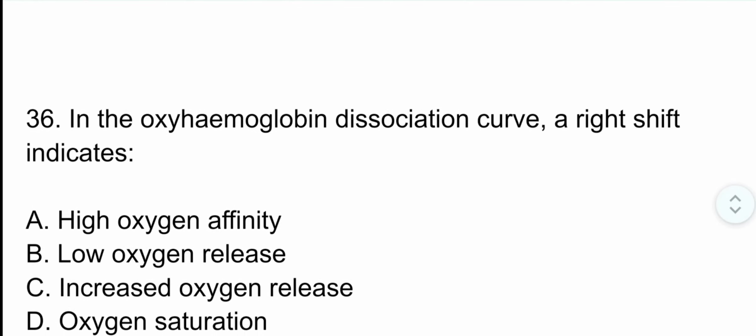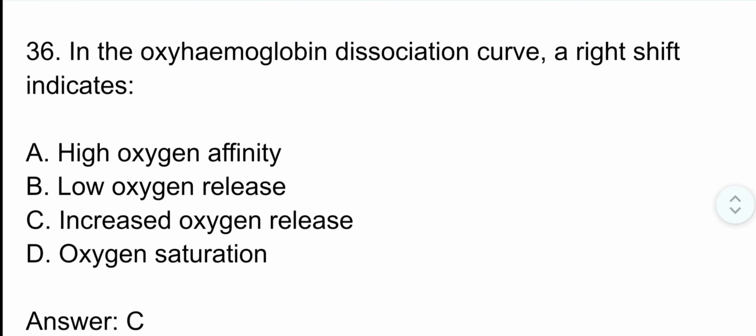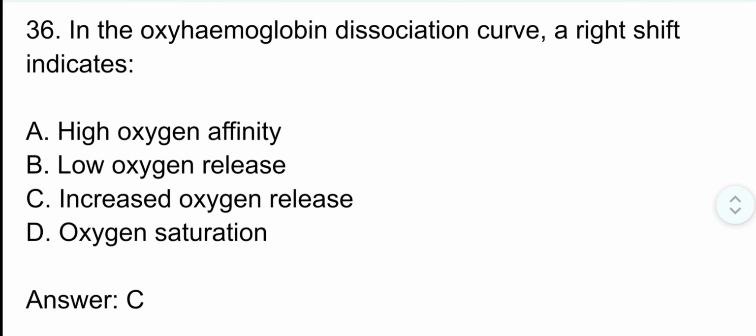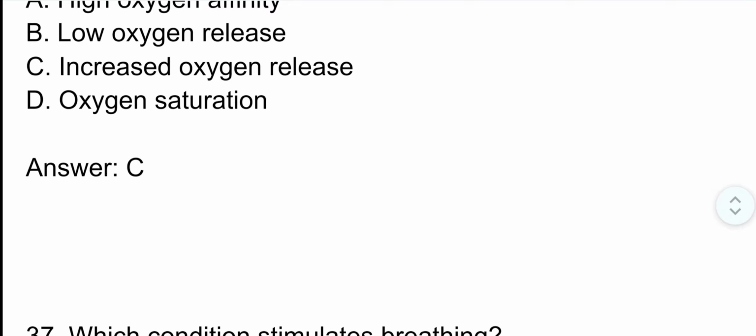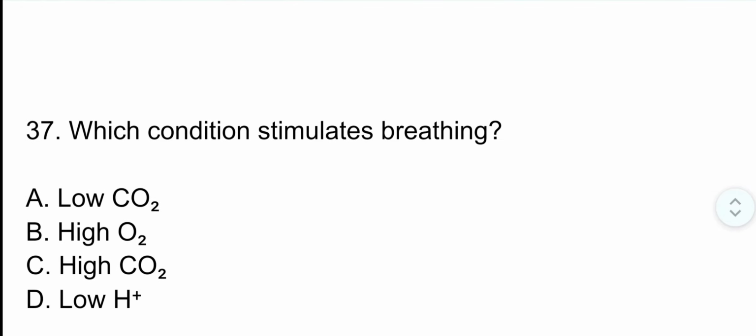Question number 36. In the oxyhemoglobin dissociation curve, a right shift indicates. The correct option is option C, increased oxygen release. Question number 37. Which condition stimulates breathing?